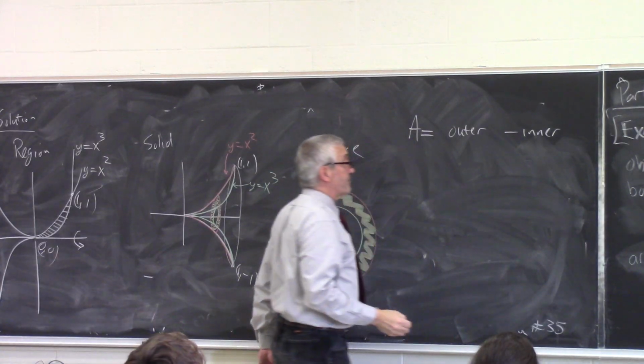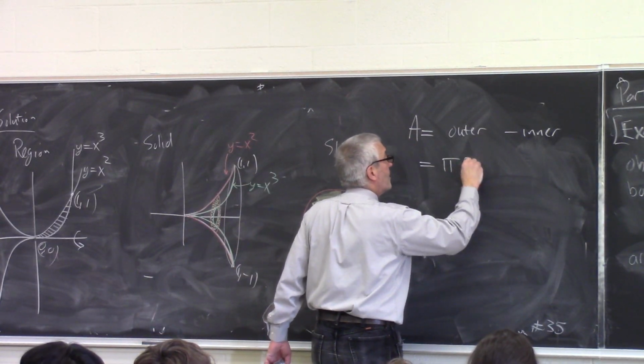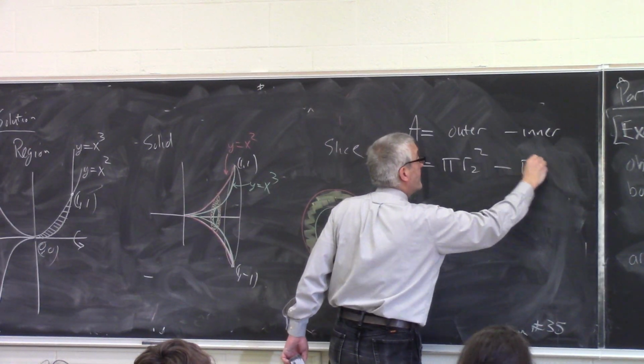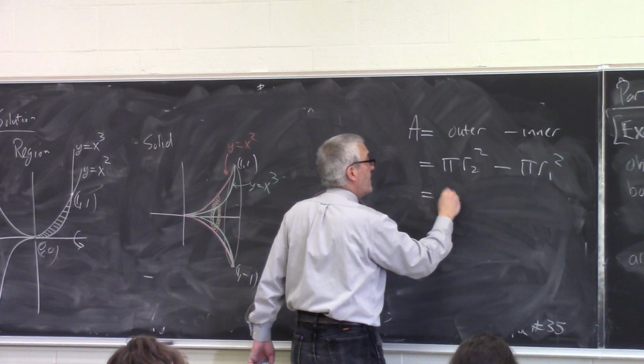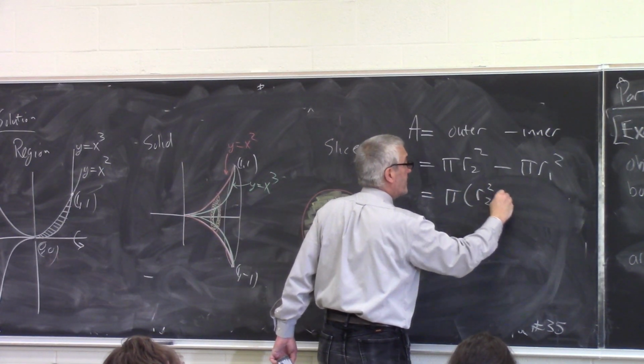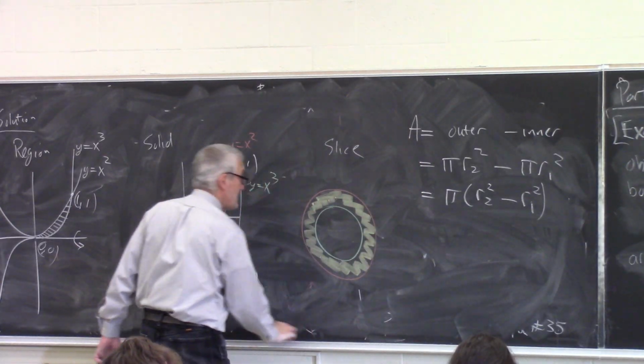So it's the outer circle, the outer disk minus the inner disk. So pi r2 squared minus pi r1 squared. So pi times the quantity r2 squared minus r1 squared. Oh, so we're going to need the radii.